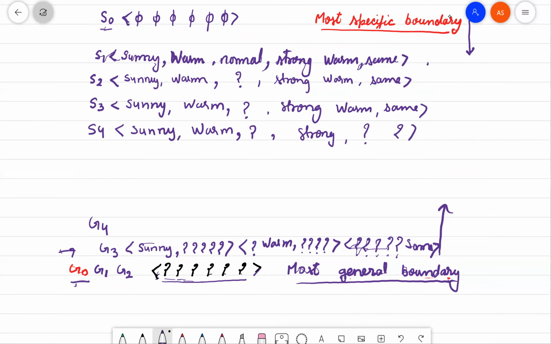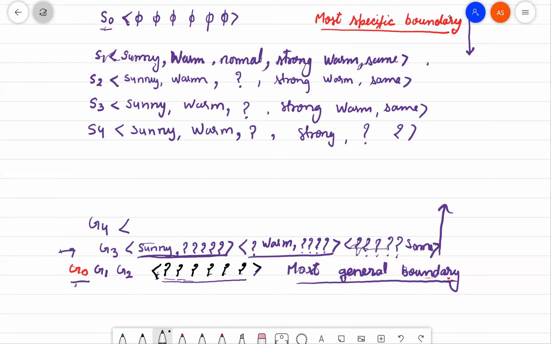Okay, so in case of G4, corresponding to this S4, are these consistent with each other? So we will check this: sunny, warm, question mark. If we consider this hypothesis, it is consistent with the S4 because sunny is here and we can take any value in place of the rest.